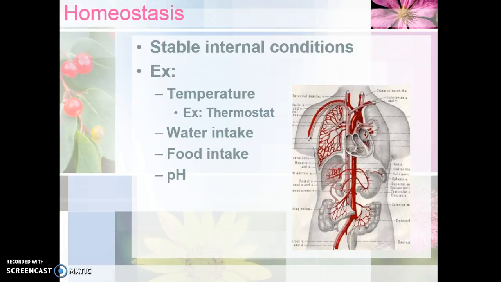Like your heart beats at a regular pace, and then if you were to go run down the hall, it's going to go faster to help stimulate the blood flow through the rest of the body, but then it's going to slow down on its own over time when you get to a resting space. If your heart can't do this, then that's not maintaining homeostasis. So it should be able to slow down on its own.